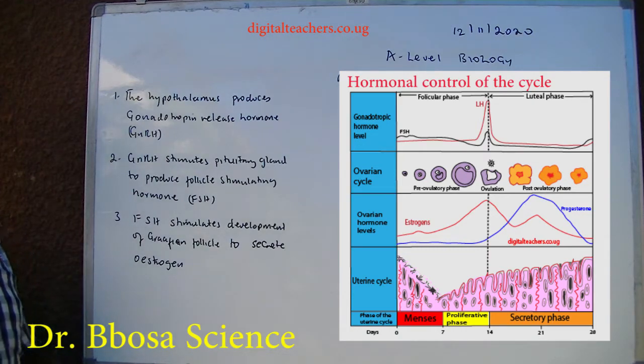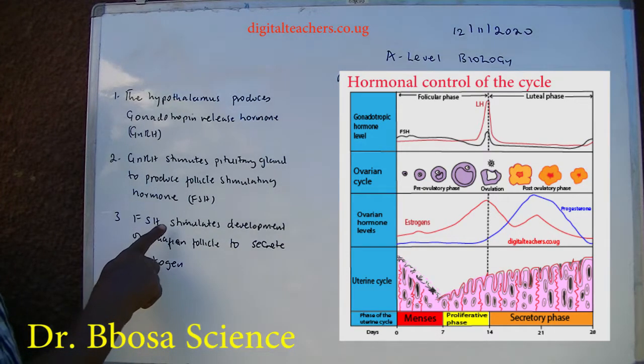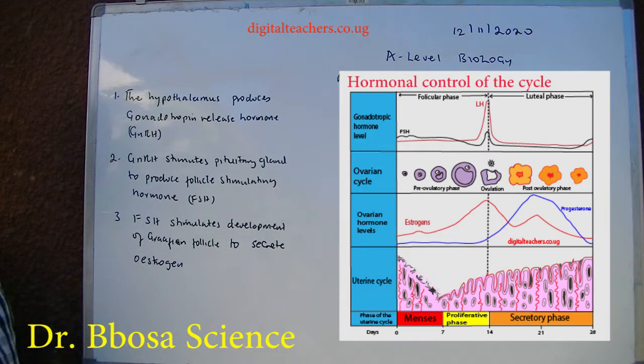Hypothalamus produces gonadotropin release hormone. 2. Gonadotropin release hormone stimulates pituitary glands to produce follicle stimulating hormone, FSH. Follicle stimulating hormone stimulates development of Graafian follicle to secrete estrogen.